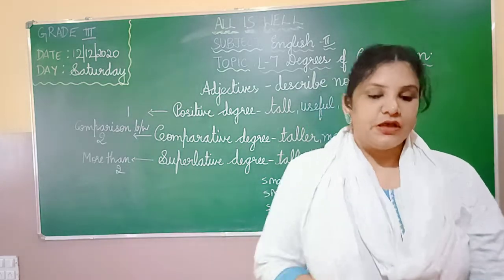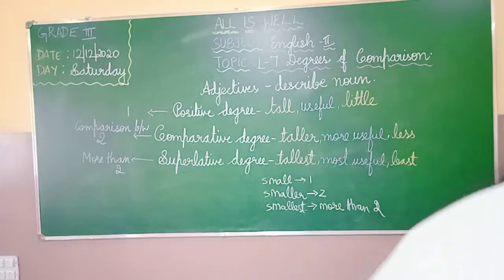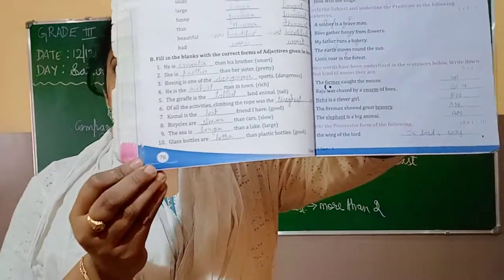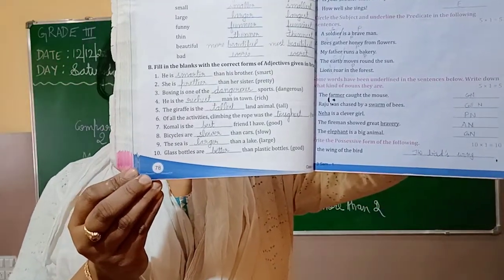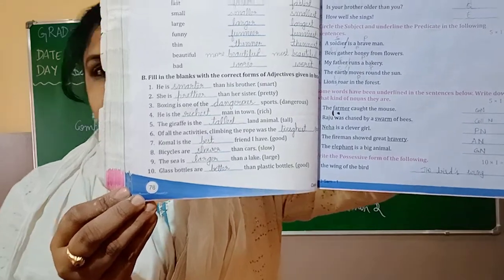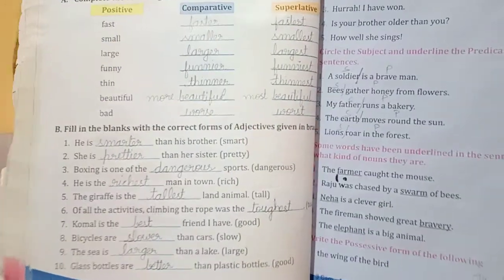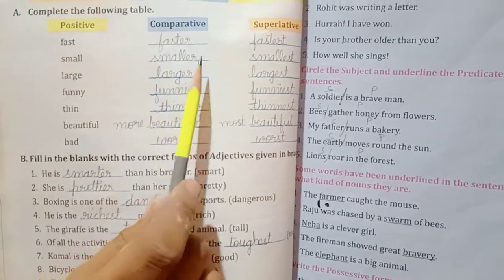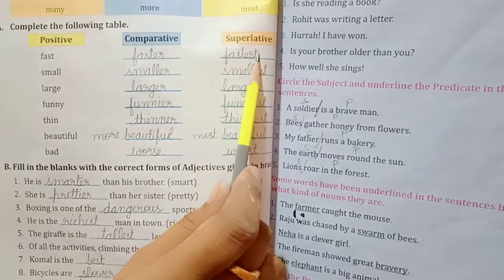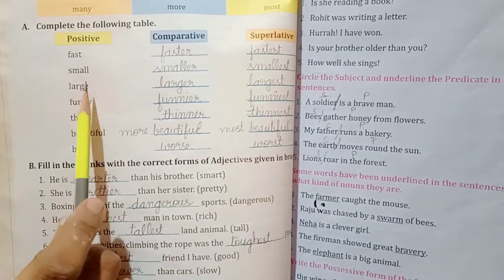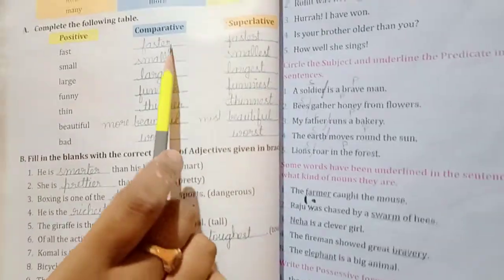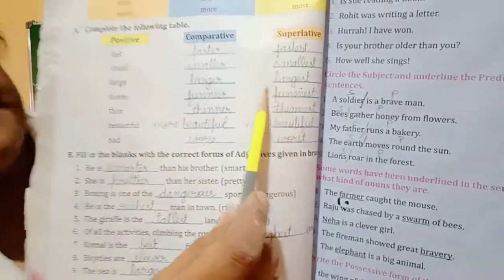Okay, children? Now all of you kindly open your textbook page number 78. We'll do the textbook exercises. You can see the textbook exercises here, right? Fast, faster, fastest. Small, smaller, smallest.